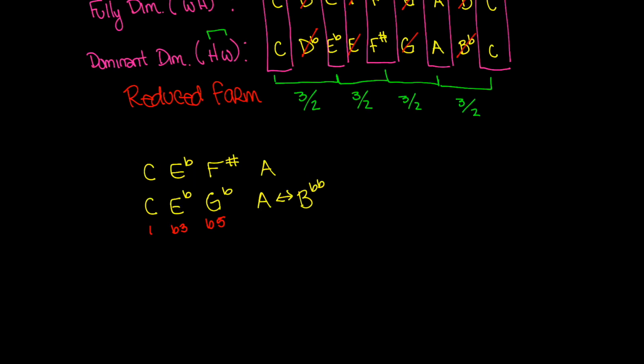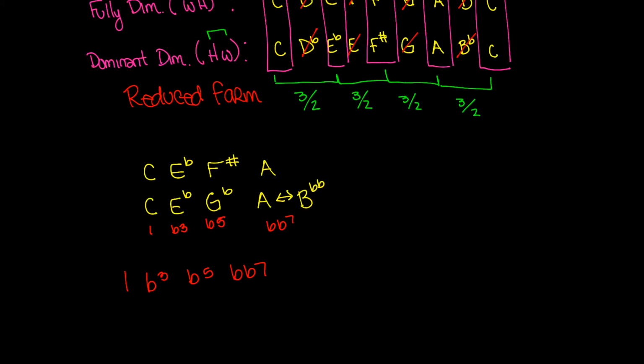Okay, so instead of A, we'll call it B double flat. And if I do that, then now I can actually call this double flat 7. And now I actually end up with this tetrachord: 1, flat 3, flat 5, and double flat 7. And that's an interesting result.